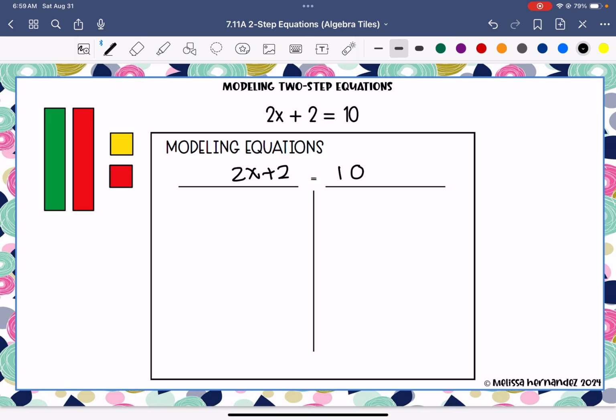Now, 2 positive x, that means that I'm going to need to use two rectangles, and they're green. I apologize about the drawing. And then 2 positive, which would be the 2 little squares. On the other side, it's 10 positives.